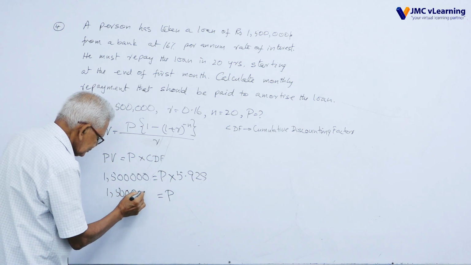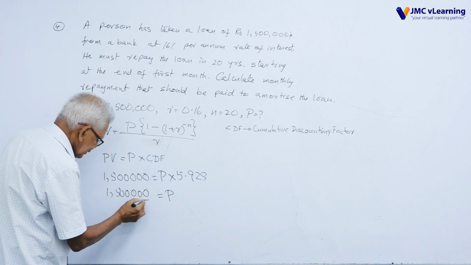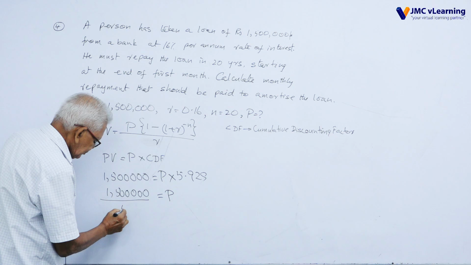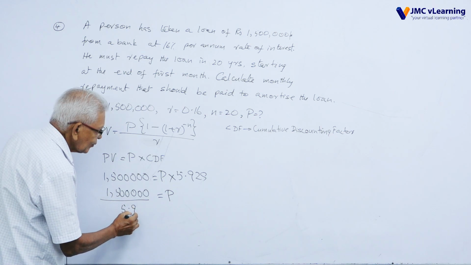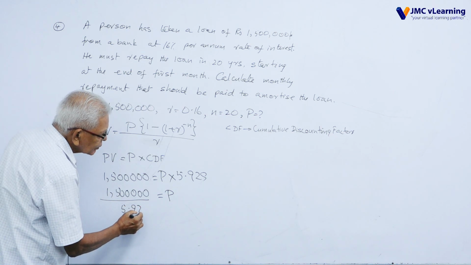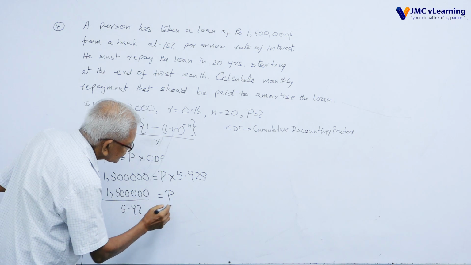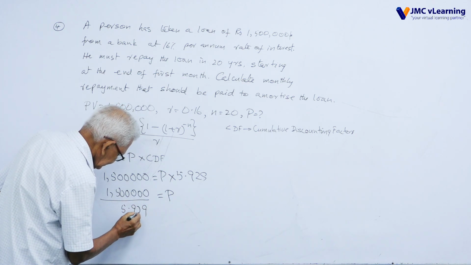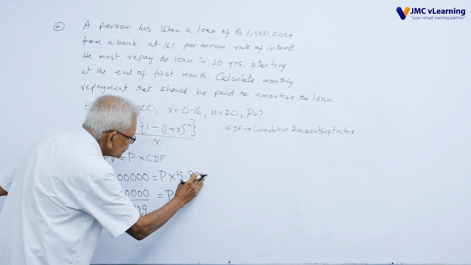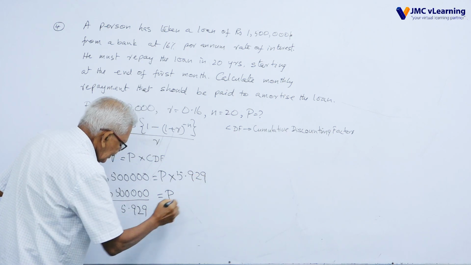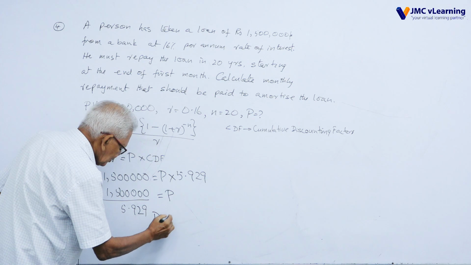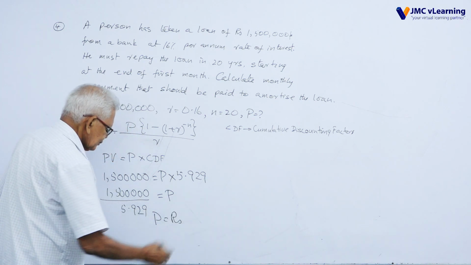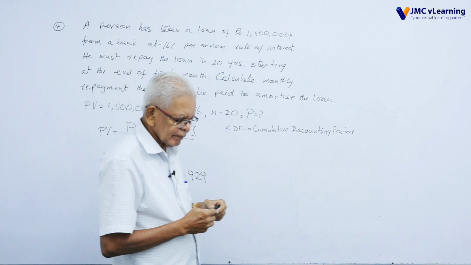1,500,000 divided by 5.929, yes? P equal rupees, write down the value.